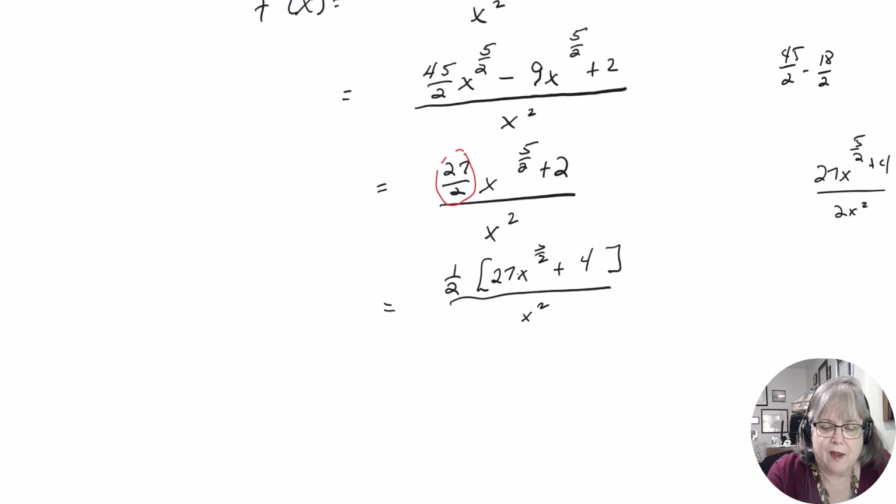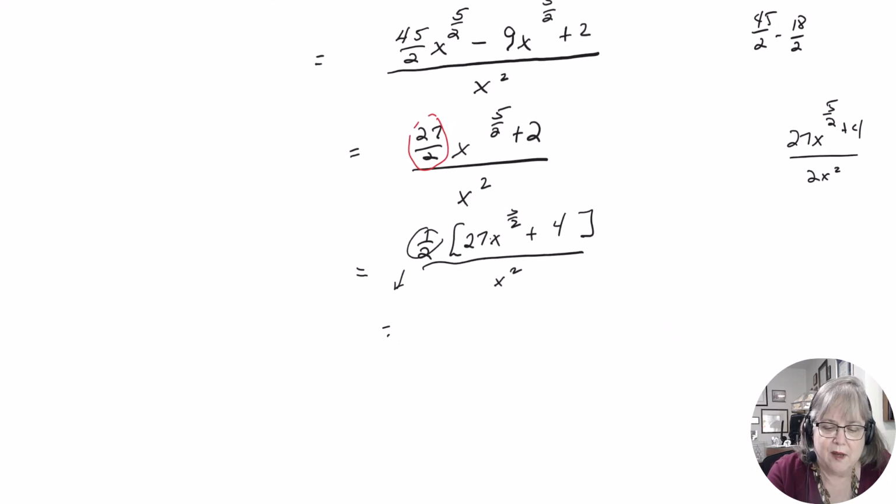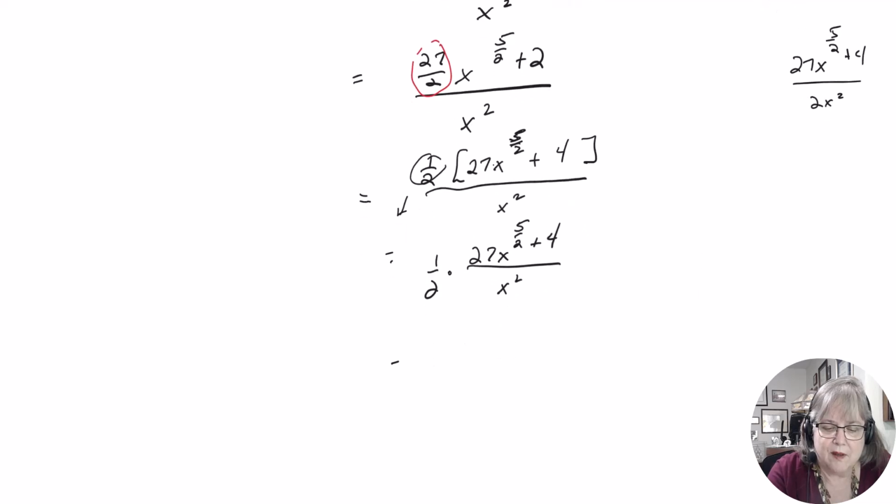And then this 1/2 would essentially pull out in front. And you would have 27x to the 5 halves plus 4 over x squared times a half, which is 27x to the 5 halves plus 4 over 2x squared.